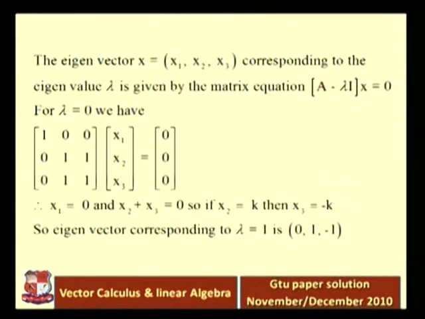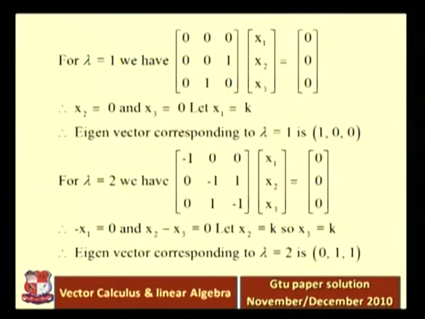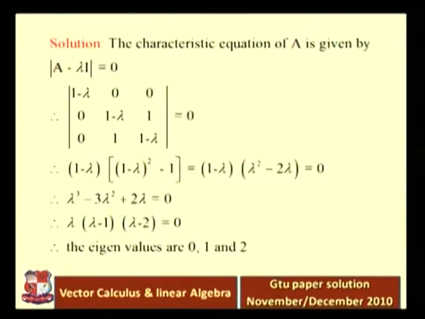Now next we want to find the eigenvector corresponding to lambda equal to 1. I already told you that for lambda equal to 1, we put it in this determinant.